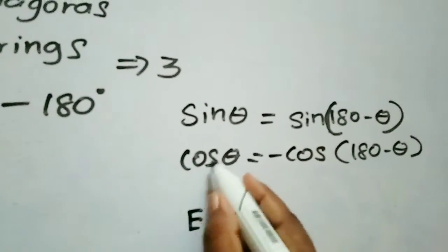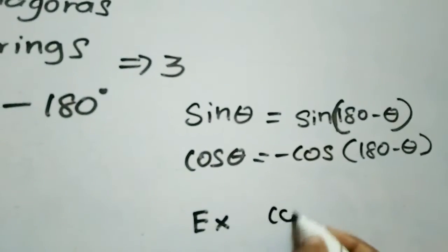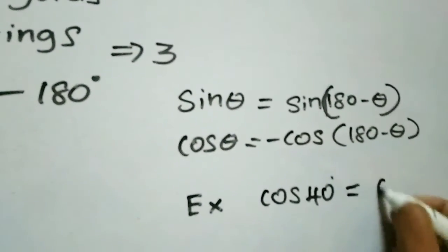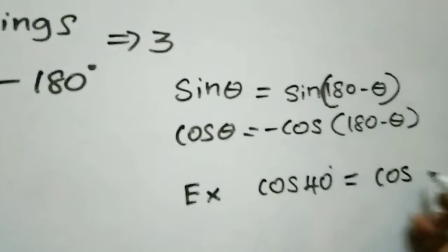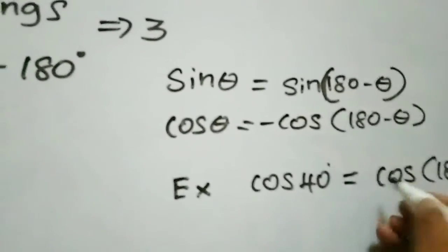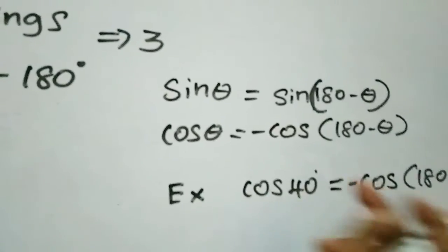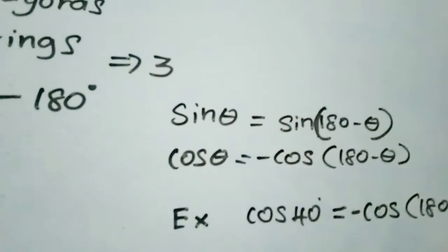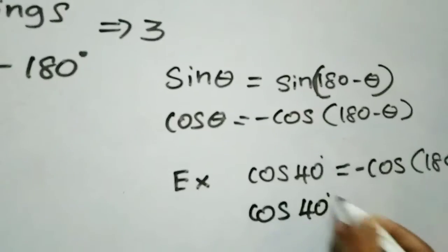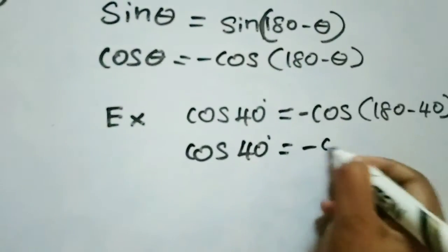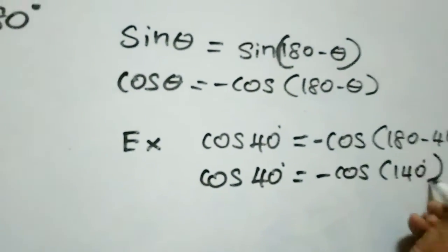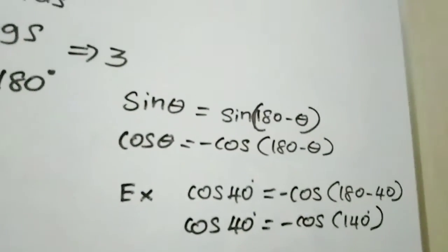For example, if the unknown angle is 40, cos 40 is equal to minus cos of 180 minus 40, so cos 40 degrees is equal to minus cos 140.